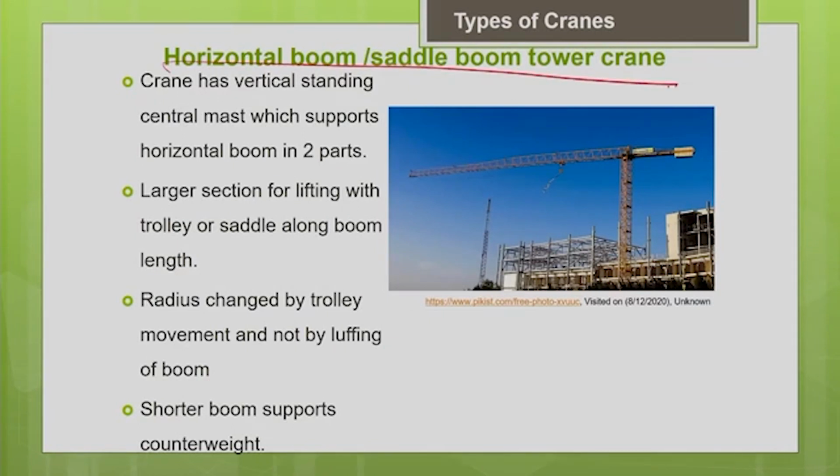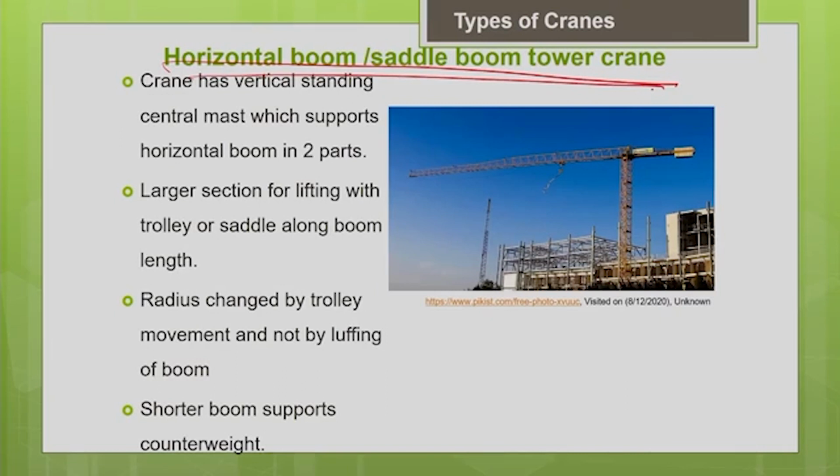So far we have discussed the classification of the crane based on the method of slewing, top slewing and bottom slewing. Now we are going to discuss the classification based on the type of the boom. As I mentioned earlier, we have horizontal boom or saddle boom, where the boom is fixed. You cannot change the angle of inclination of the boom.